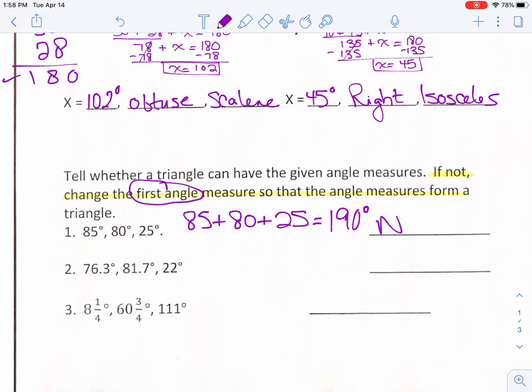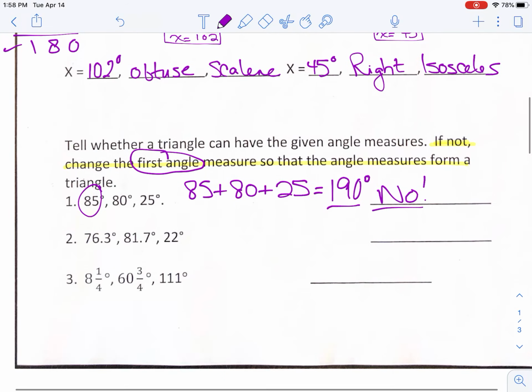So tell whether the triangle can have the given angles. No, this one is not. It's obviously not exactly 180. So this one's a no. If not, change the first angle. So obviously we are 10 degrees over the angle. We need exactly 180 and it's 190.